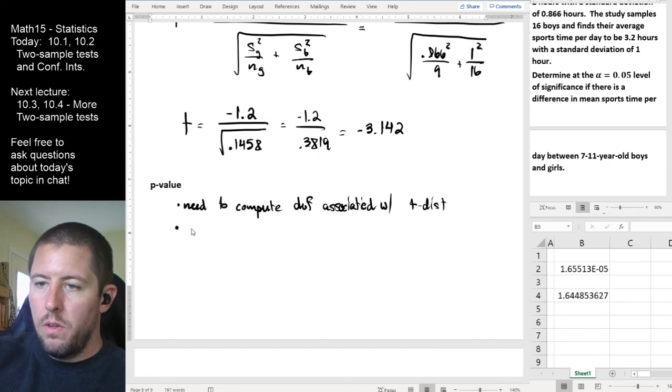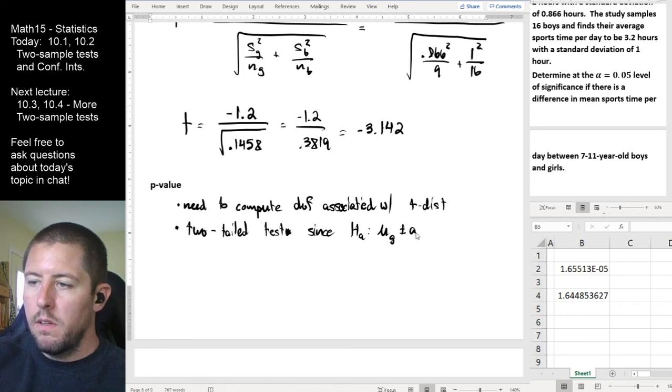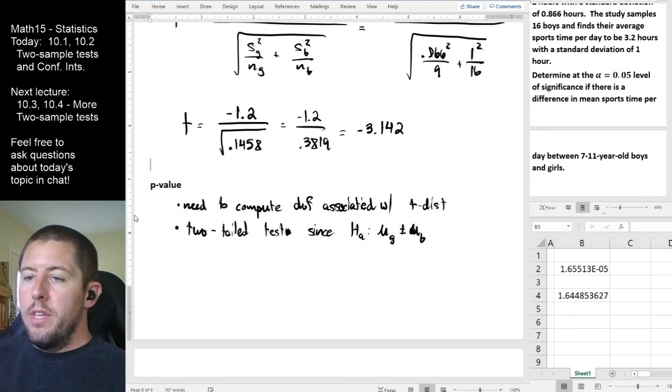And two, it is a two-tailed test, since our alternative hypothesis was a not equal to. So let's go ahead and do these two things.